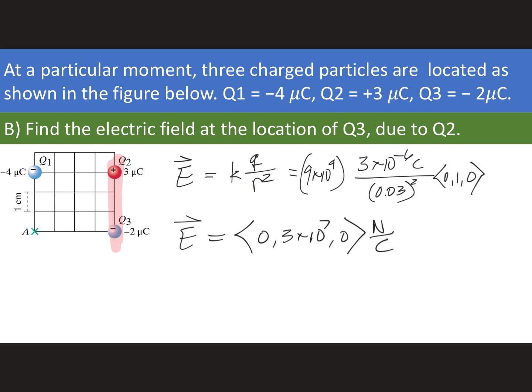Find the electric field at the location of Q3 due to Q2. So due to Q2 is down, okay? And so due to Q2 would have to be down, which means this is negative.